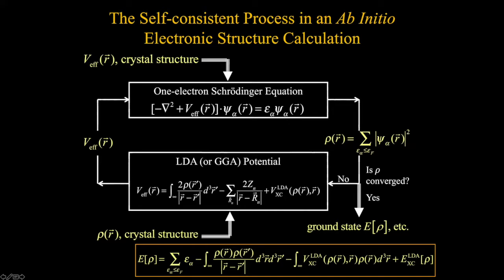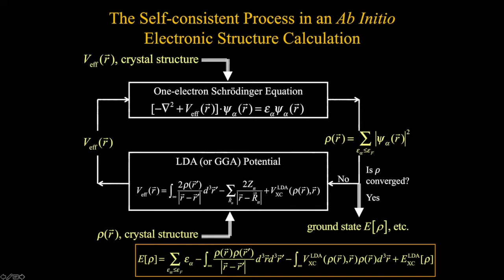If the process becomes self-consistent, that is, the incoming rho and outgoing rho are the same and the difference is very tiny, then your calculation is considered converged. Then you use that charge density to calculate the total energy of the original many-electron system. For the ground state structure, the energy is supposed to be at a minimum. So that's the whole idea of electronic structure calculations.